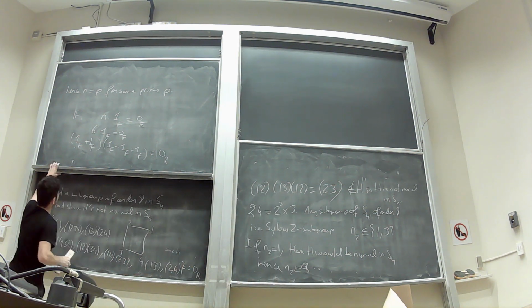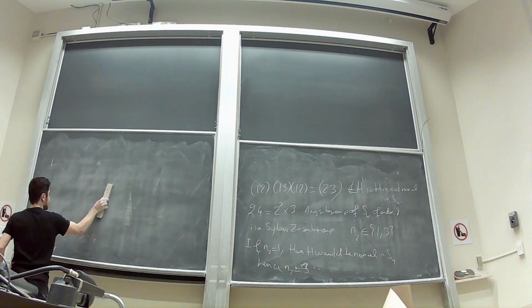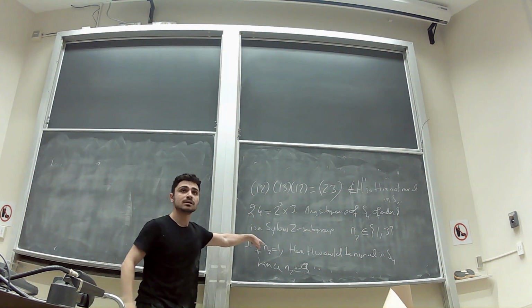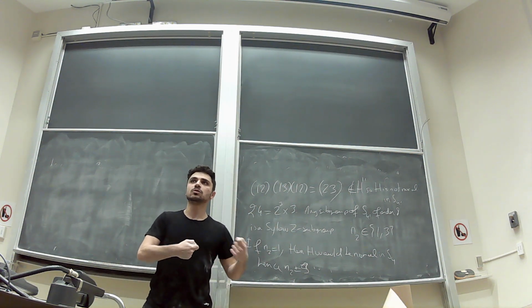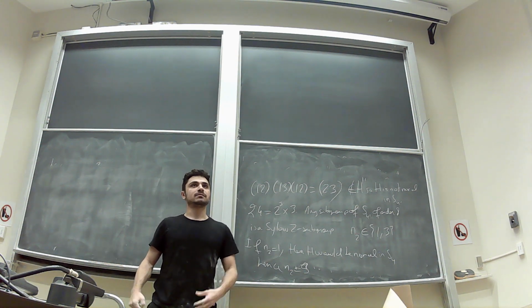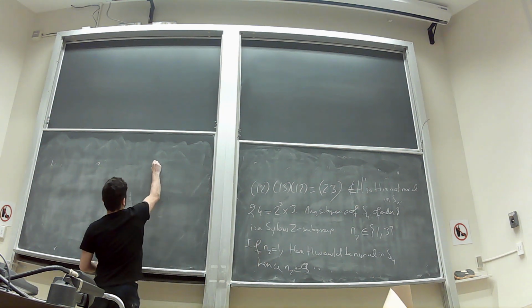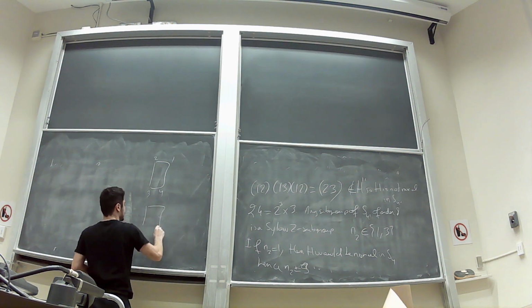Then I ask you to find all the subgroups of order 8 in S4. You have 3 of them. You have H, and how do you find the 2 others? Don't conjugate them, it will take you some time. What's a good way of finding them? Just relabel your square. So we had a square 1, 2, 3, 4. Relabel it, so let's say 1, 4, 2, 3.